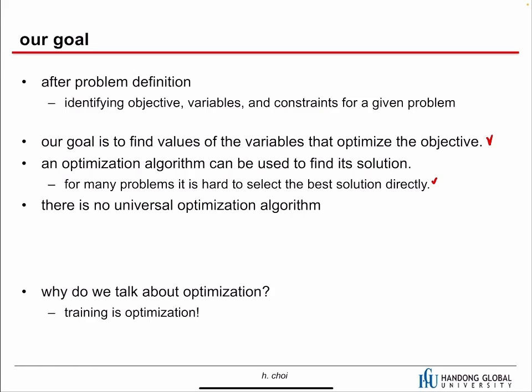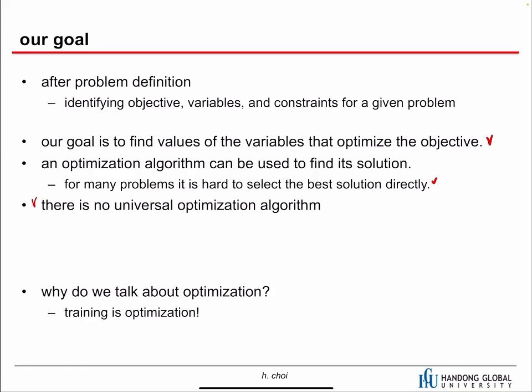We are going to see lots of algorithms, but unfortunately, there is no universal optimization algorithm. We are going to talk about many different algorithms, but we don't know which one is the best. So I recommend students try these optimizers for your problem, and you have to find which one is the best optimizer for your problem.